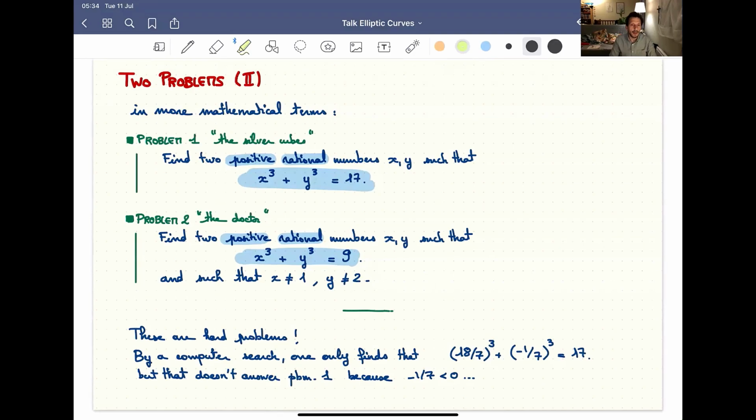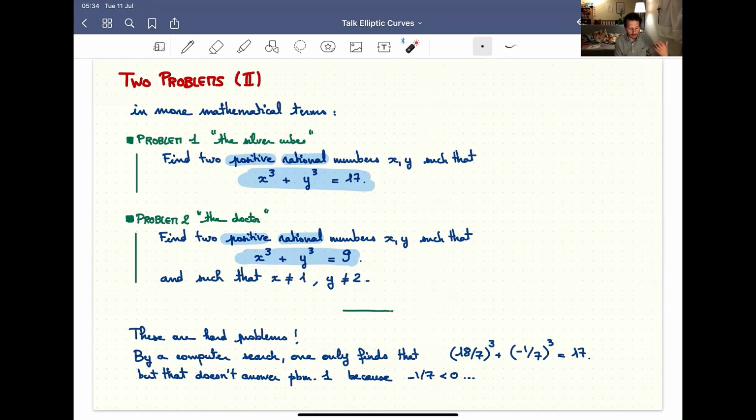So we are trying to find the side lengths, which are rational numbers, and we call them x and y. We want the total volume, x cubed plus y cubed, to equal 17. And for the problem of the doctor, similarly, we want to find rational numbers x and y such that x cubed plus y cubed equals 9.